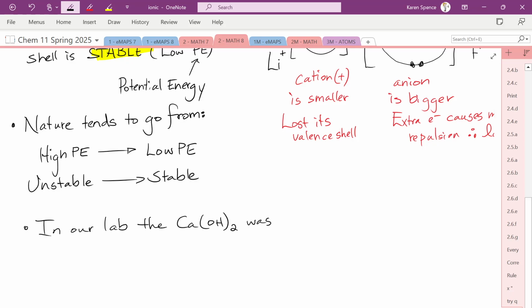You got it in that little beaker? What form was it in? It was a solid. What kind of solid? Was it a cube of solid? It was a powdered solid.